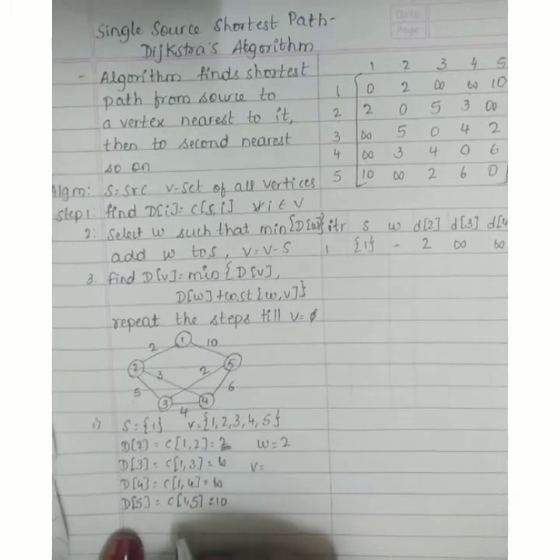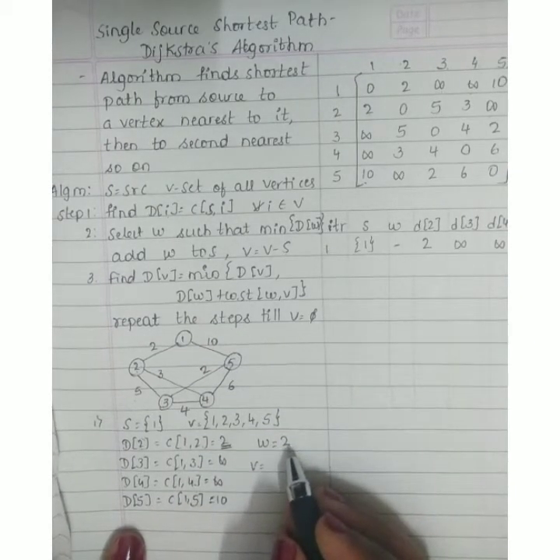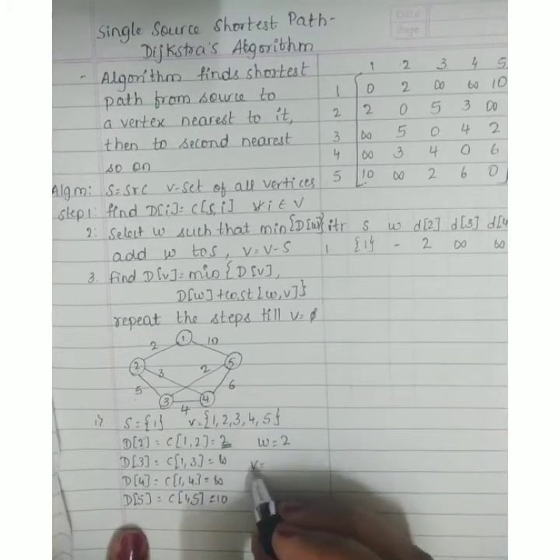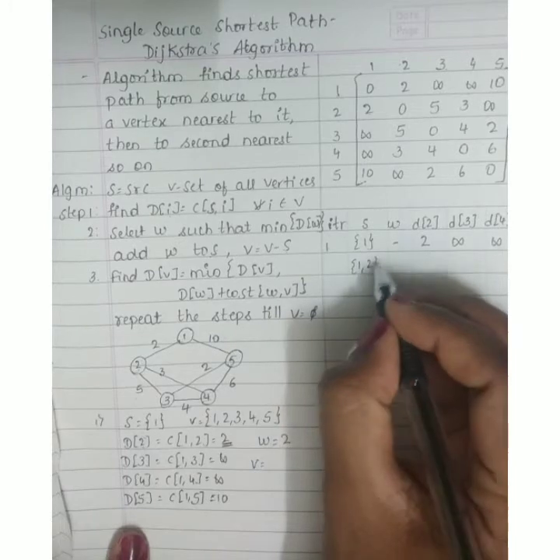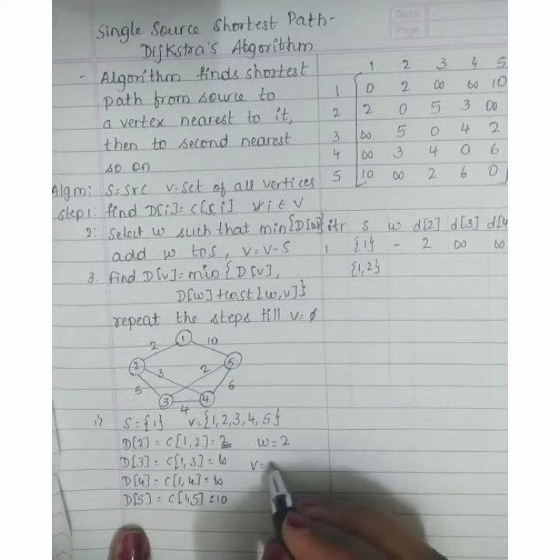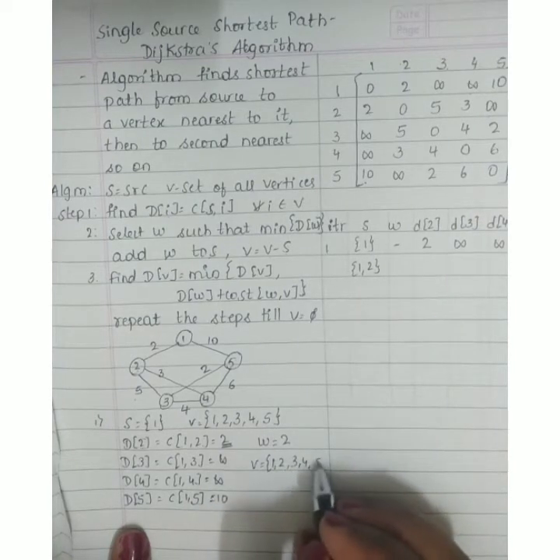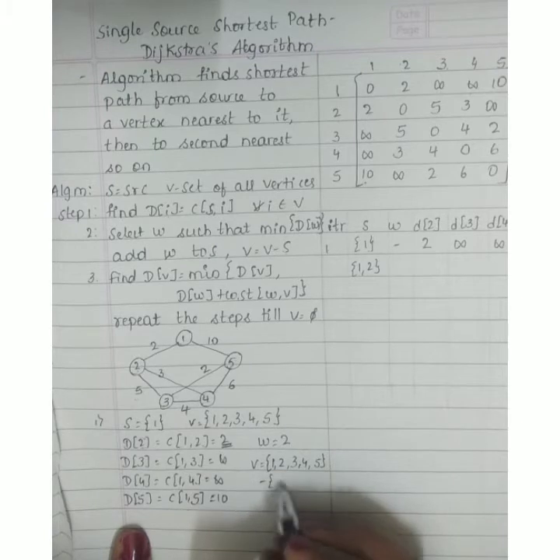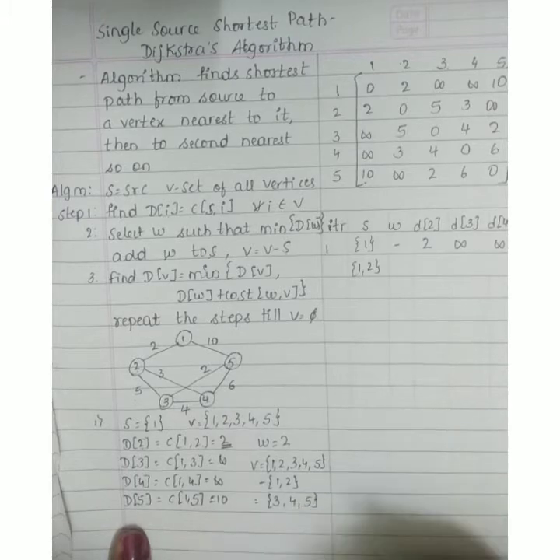Next, we identify w as 2 and we add w to S. So S will be updated as 1 and 2, and we remove S from V. We will be removing 1 and 2 from 1, 2, 3, 4, 5, so the left-out vertices will be 3, 4, 5.